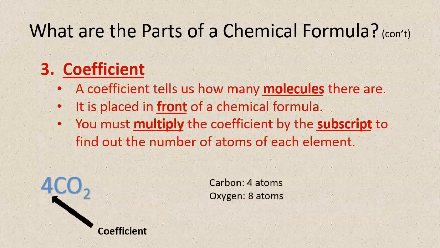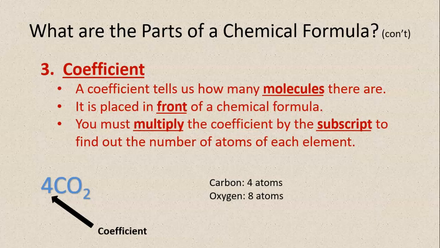All right, the next one is coefficient. It's another number. Looks a little different, but the coefficient tells us how many molecules there are. If you had H2O and there was a big number 3 in front of the H2O, then that means that there are 3 H2O molecules.